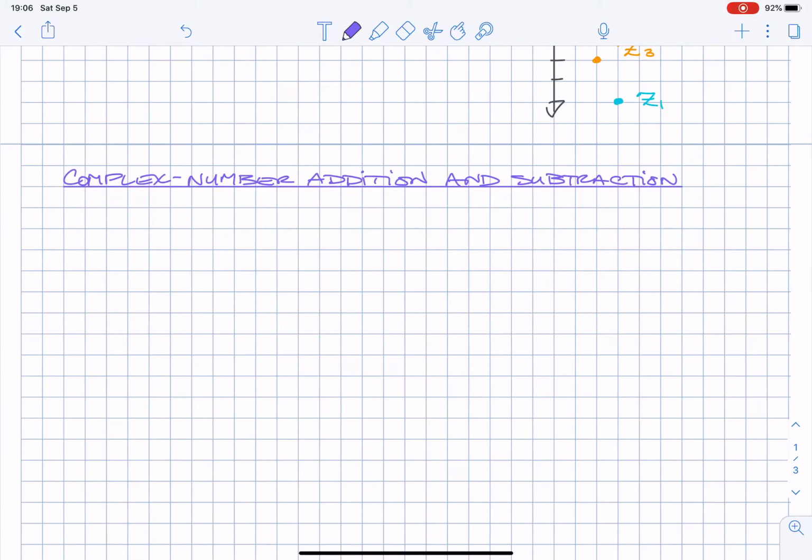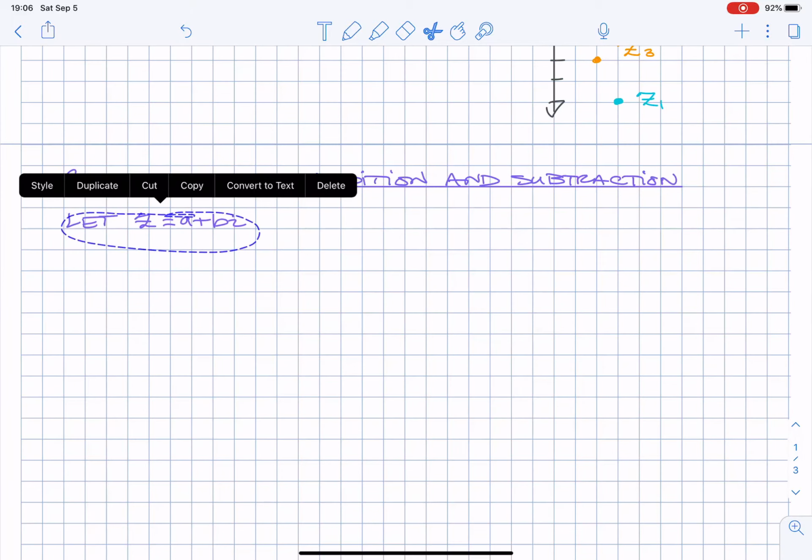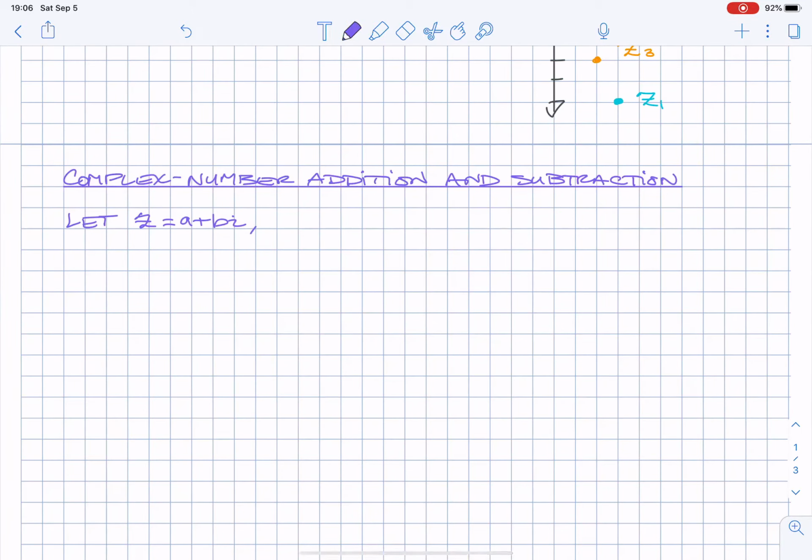So let z equal a plus bi and w equal c plus di be elements of the complex numbers.